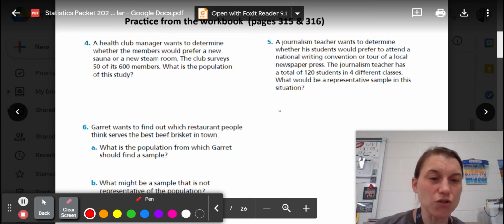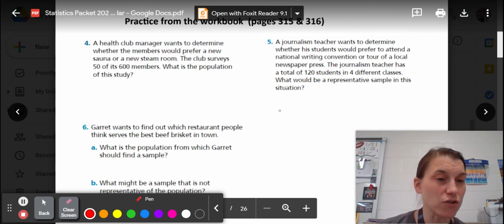Well, we want to make sure that when this sample is chosen, everyone has an equal chance of being chosen. We also want to make sure that people from each of the 4 classes get a chance to be chosen. You wouldn't just say, I'm going to pick one of those 4 classes and say whatever they think, because that would be biased.